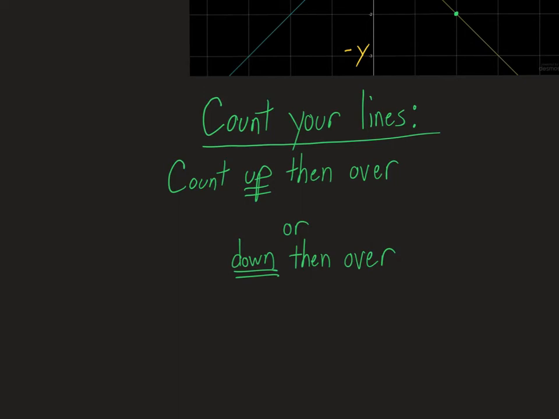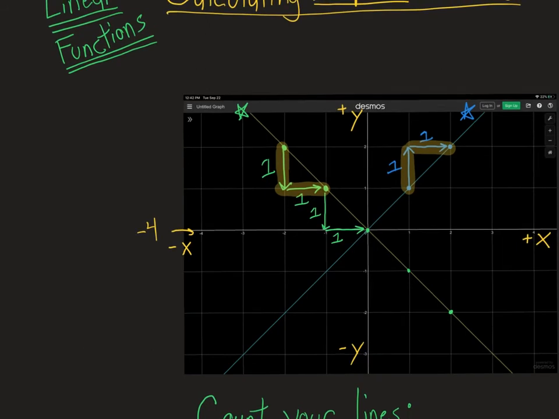You'll see if you can develop this habit, trust me, it's going to be way easier to do calculations later. If you just develop this habit, it keeps the signs straight, it keeps the values and where they go into your line calculation straight. It just makes your life easier. Okay? So we're going to count up then over, or we're going to count down then over. And if you look here, that's how I started both of my calculations when I walked through them. So if I was going to, again, just pick anywhere on this first blue line, if I want to know about this point and this point, I'm going to start with going up and then over.